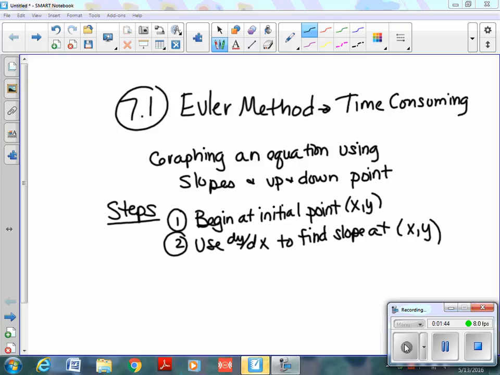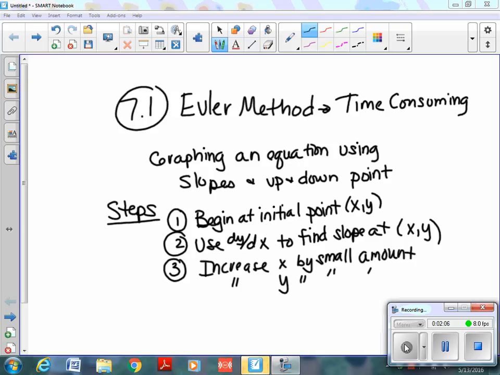So the first thing is you're going to begin at the initial point. You're going to use dy dx to find the slope at x, y. Step 3, you're going to increase x by a small amount. You also are going to increase y by a small amount.